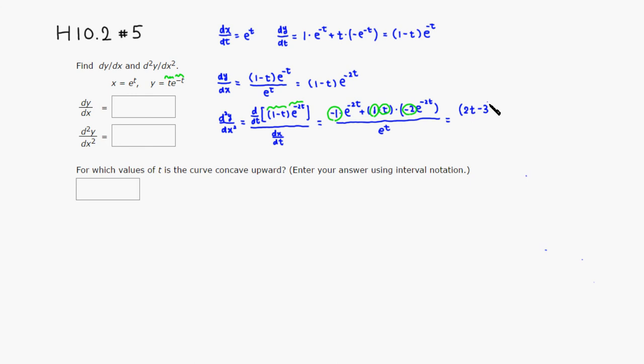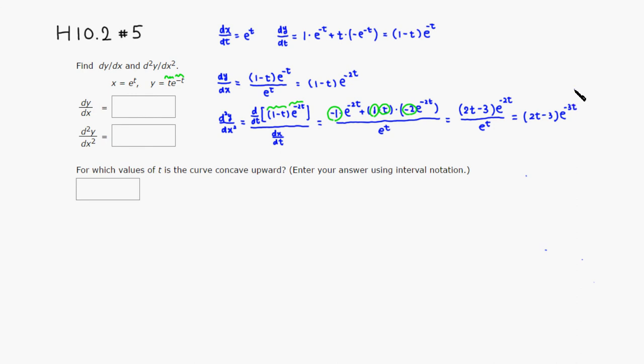And then you have e to the negative 2t. Then we have to divide this guy by e to the t. So this is going to be 2t minus 3 e to the negative 3t.